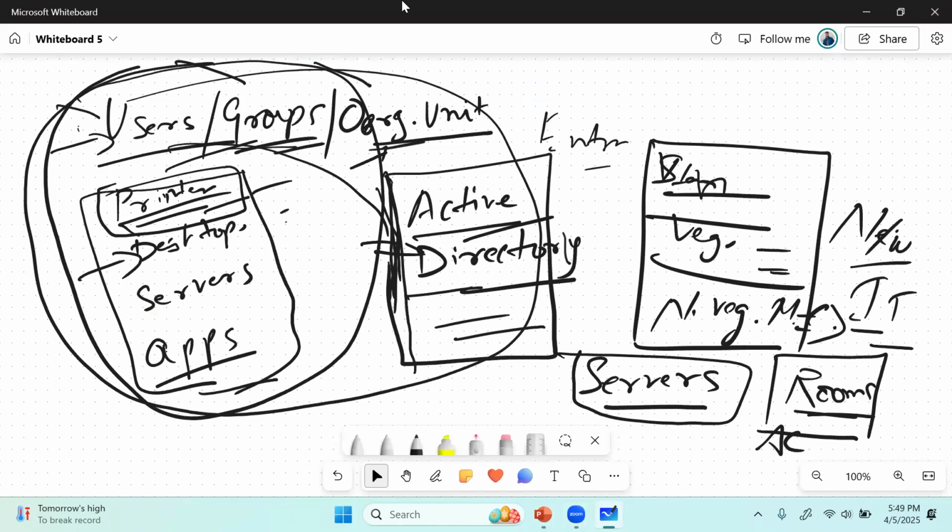SaaS, PaaS. Okay, so what are these terms?